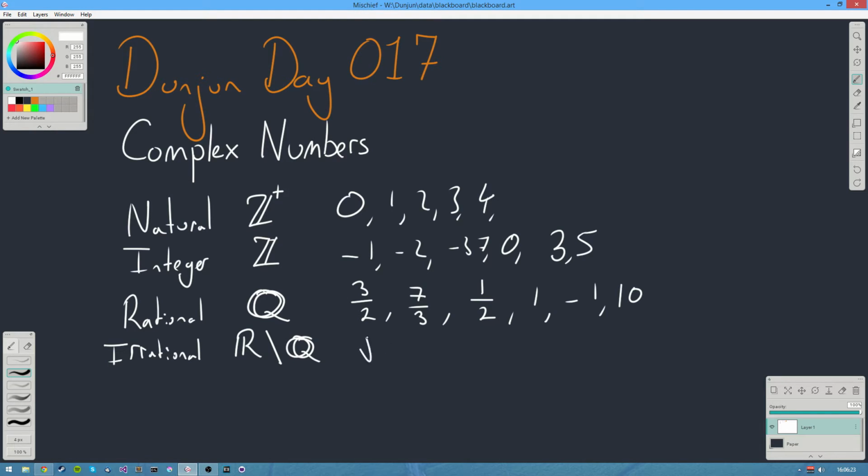So irrational, like the square root of 2, the square root of 3. What else is there? There could be the golden ratio. That's irrational. And such numbers like the cube root of 3 or something like that. So usually these are the ones that are algebraically expressed.